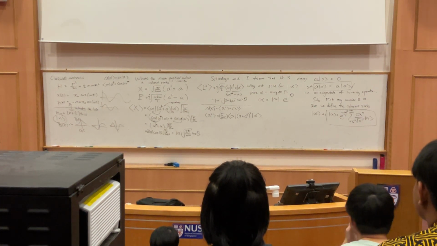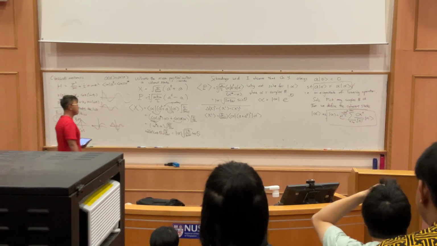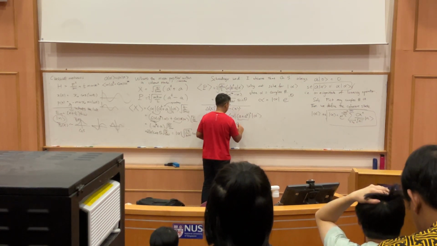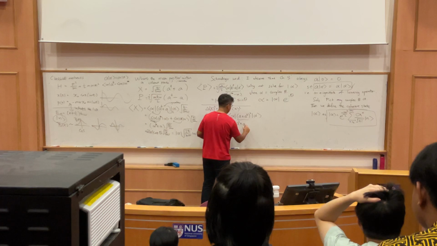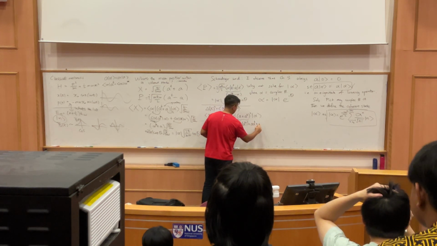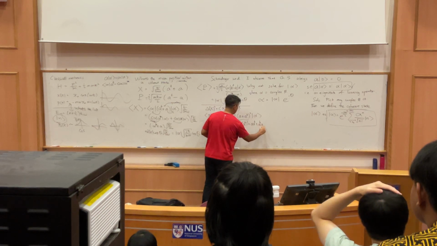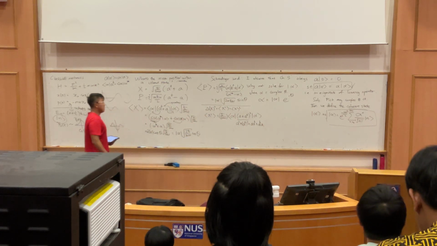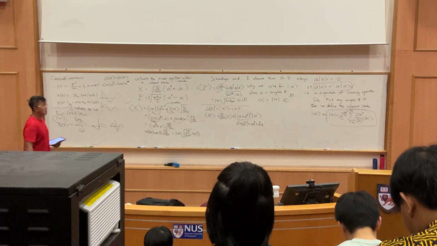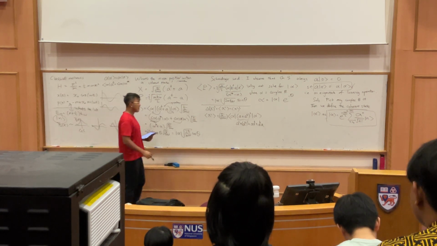Agreed? And so if we expand it out, we get a squared plus a dagger squared plus a a dagger plus a dagger a. But how do I do this calculation?